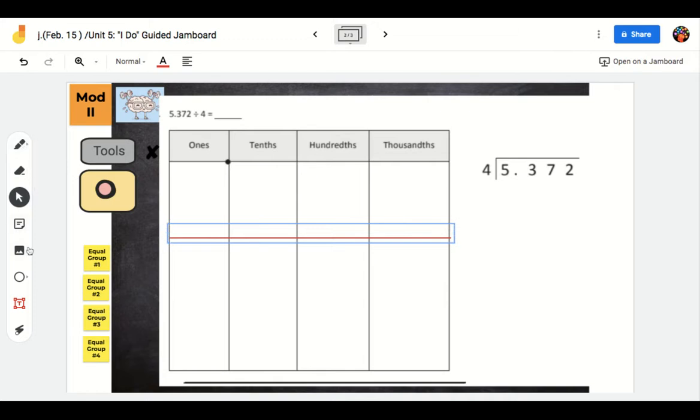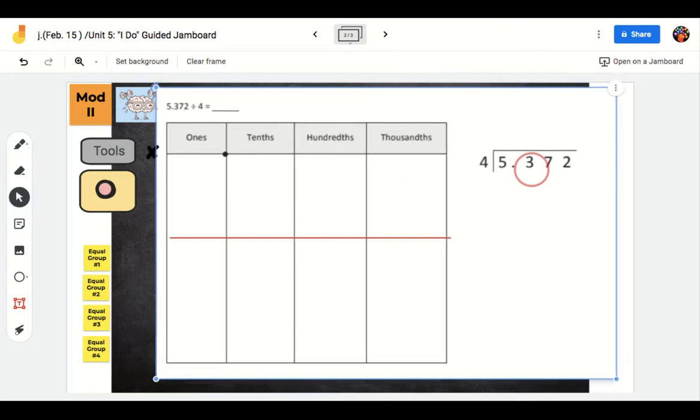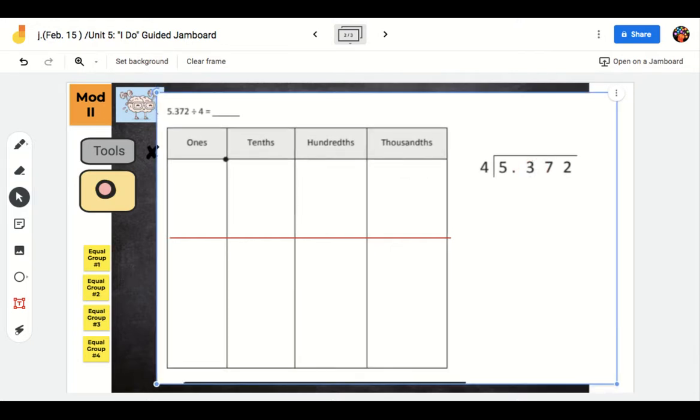Your dividend, check out how many place values we have. We have 5 in the ones place, 3 in the tenths place, 7 in the hundredths place, and 2 in the thousandths place.